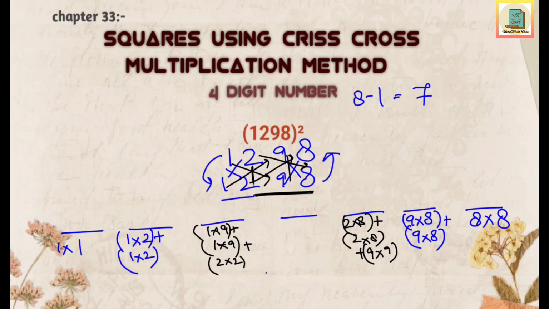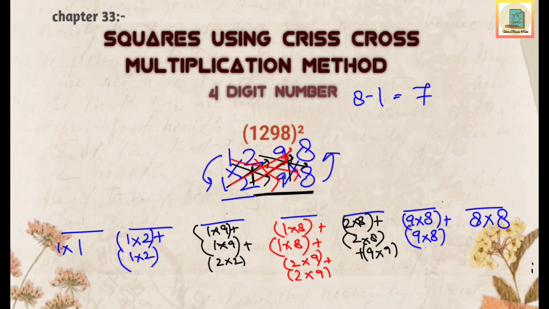Now in the middle partition, we'll multiply the extremes, that is 1 multiplied by 8 plus 1 multiplied by 8 plus this 2 by 9 plus this 2 by 9.